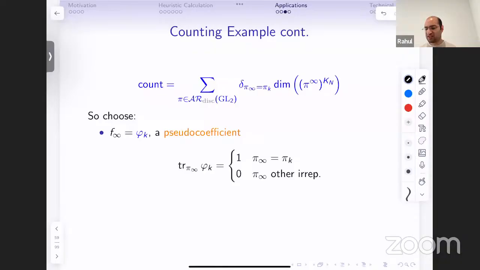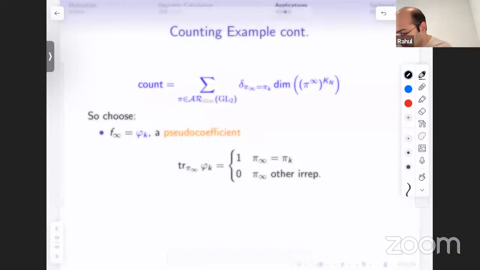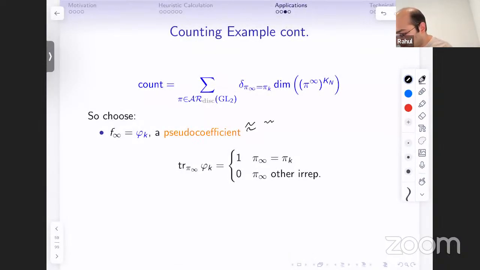Well, the first thing we're going to do is, magically, by some harmonic analysis arguments on GL2 of R, there's a function called a pseudo coefficient. The pseudo coefficient is almost the matrix coefficient for a finite dimensional representation.